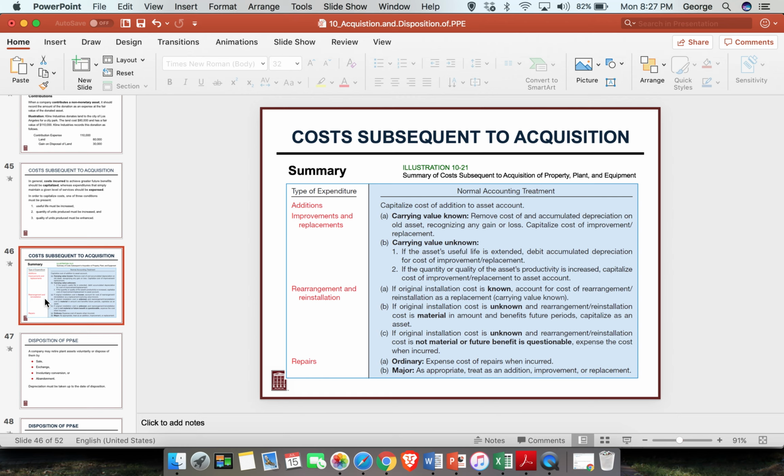So this is just a summary of what happens to those costs subsequent to acquisition. Additions, improvements, and replacements, in general, are going to be capitalized. So we capitalize costs of improvement and replacement. Rearrangement and reinstallation, same thing, if they're material in amount and provide future benefits, then we can capitalize it as an asset.